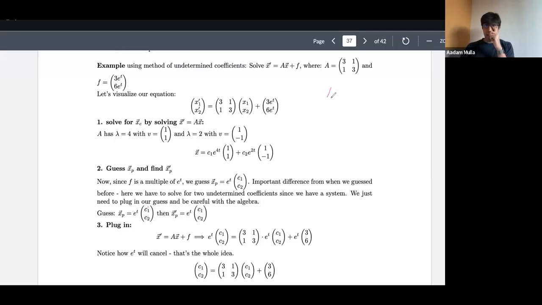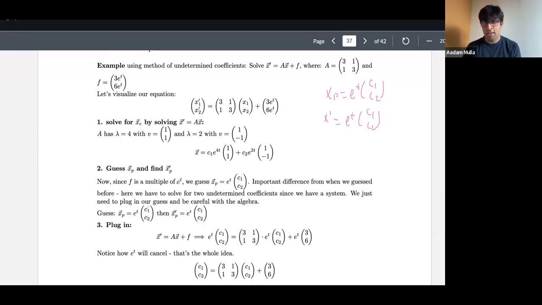If xp is e to the t times c1, c2, then x prime is also e to the t times c1, c2, because this is a constant times e to the t. Then we plug that into x prime equals Ax plus f. So e to the t times c1, c2 equals A times e to the t times c1, c2, plus f.